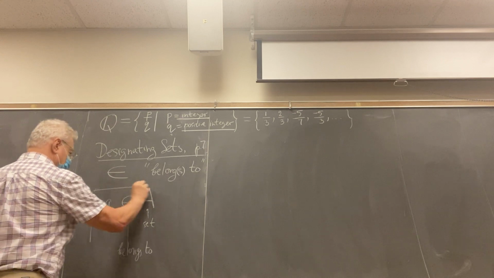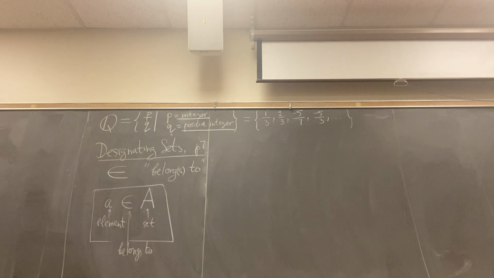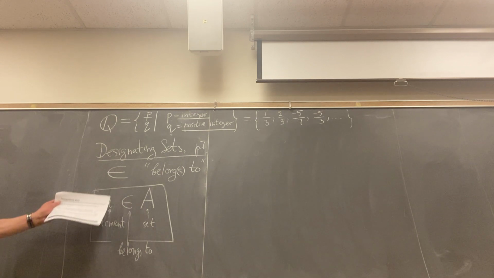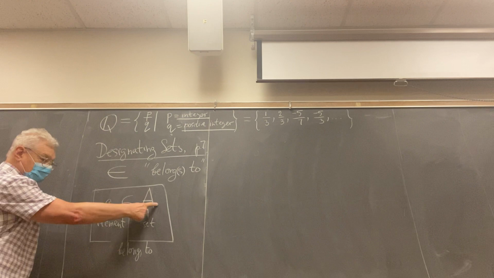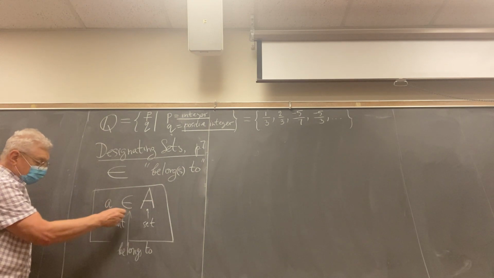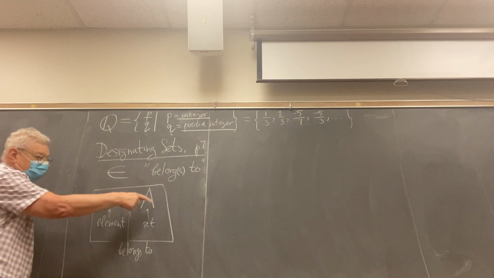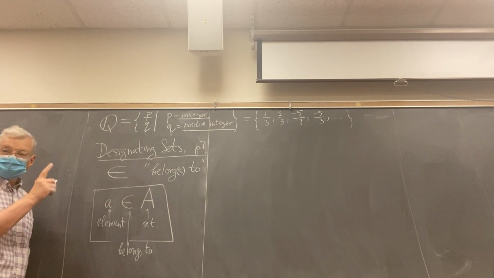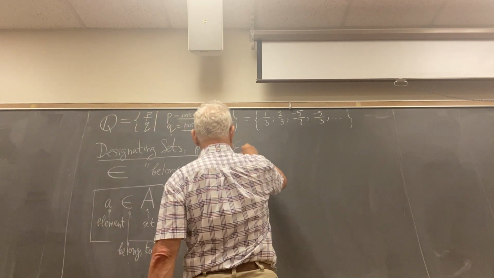That one you have to understand exactly. So a belongs to A. A is an element of A. And the direction in that one means that this one is kind of smaller than the whole set. It's only one element.